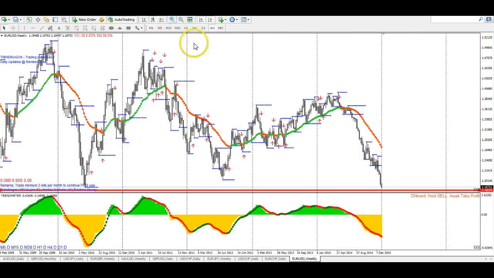So if we look at the reversal pattern on a weekly chart, this is what could happen. As you can see right here, we have had a period of consolidation, then it broke down to get to that level. What could happen is that the market will go back up to that level here, do the same level of consolidation, and create at that point a head and shoulders, coinciding with the Trend Dragon trend line arriving into that level.